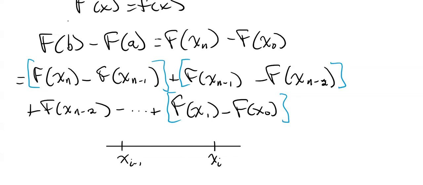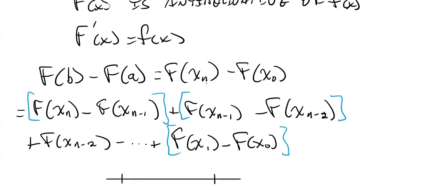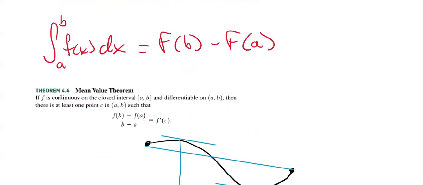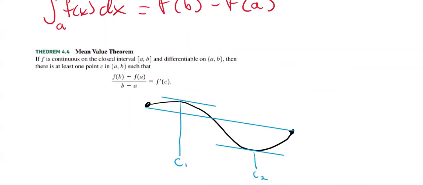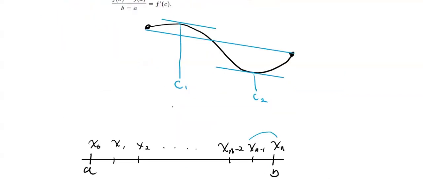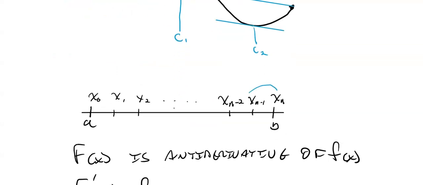So the mean value theorem that we just talked about before says, let's look at it again. If f is continuous on a closed interval and differentiable on the open interval, then there's at least one point such that the mean difference equals the derivative at that point. So let's take a look at that.